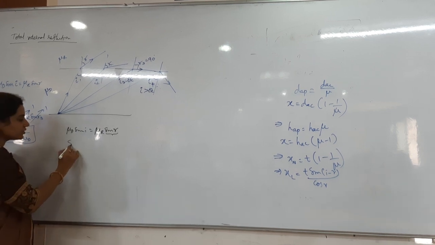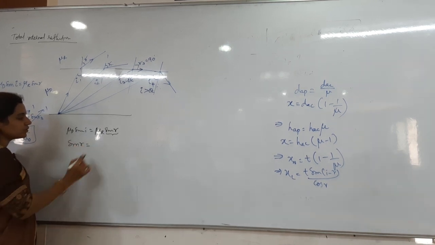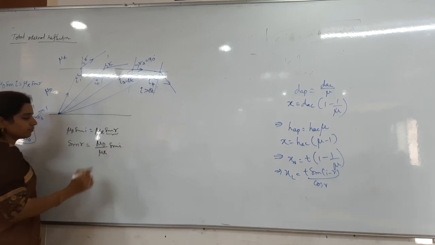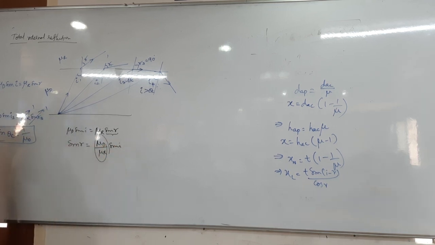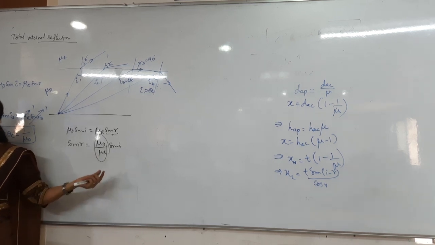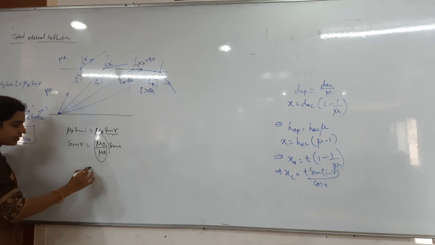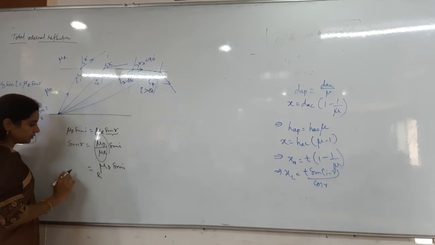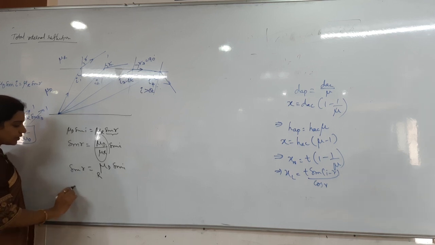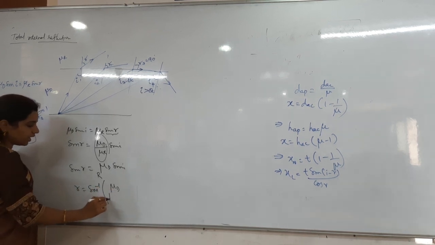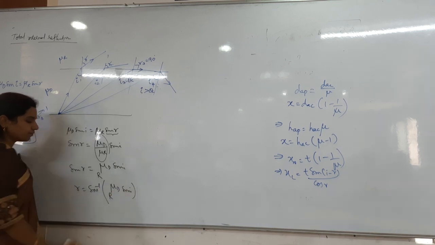Then sin r is equal to mu d by mu r into sin i. What is this mu d by mu r? Relative refractive index, mu 2 by mu 1. So I can write mu dr sin i is sin r. I want to get only r, so I can write sin inverse of mu dr into sin i.